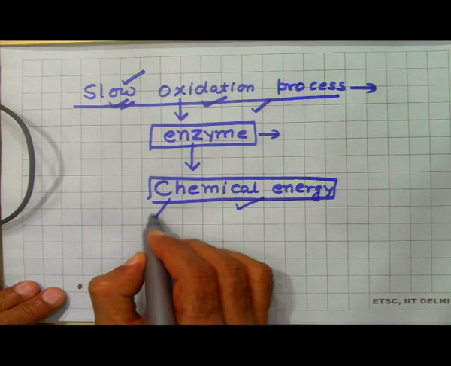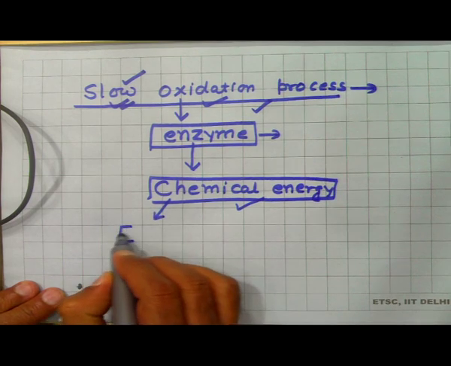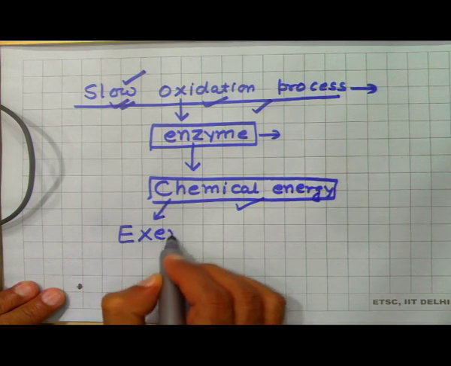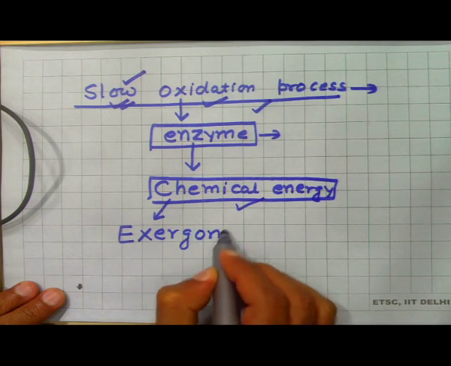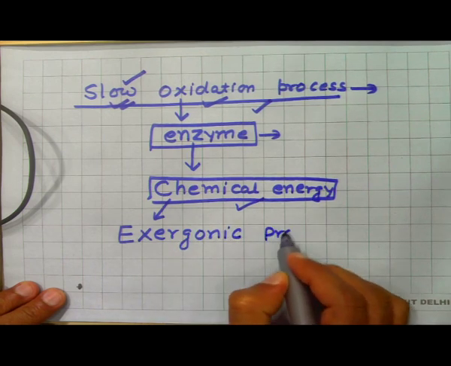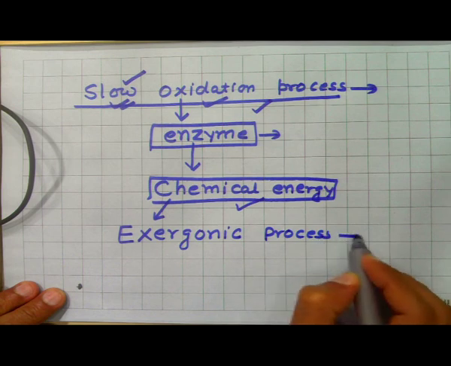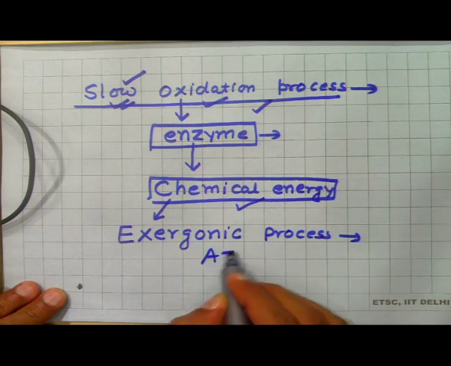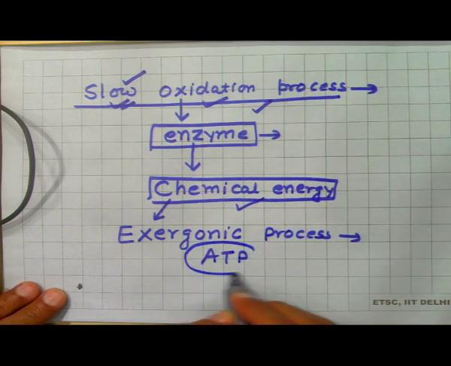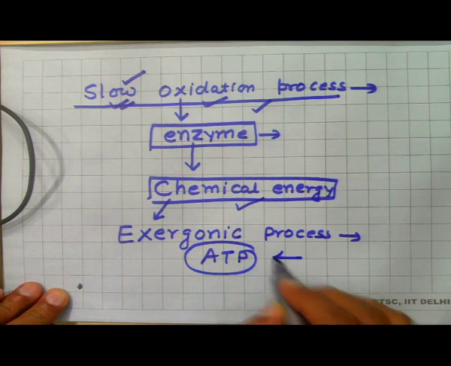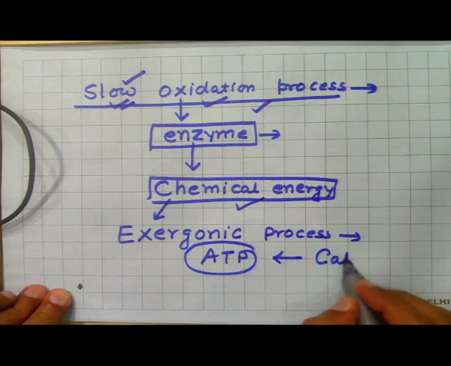We can say that, as we have discussed, it is an exergonic process. Exergonic process means it releases ATP, it releases energy, or we can also say it is a catabolic process.